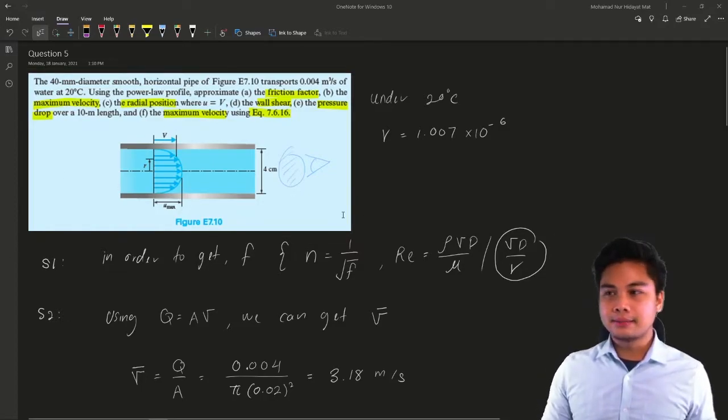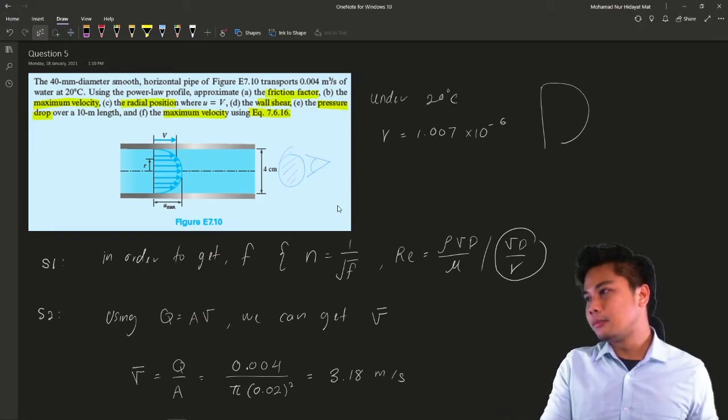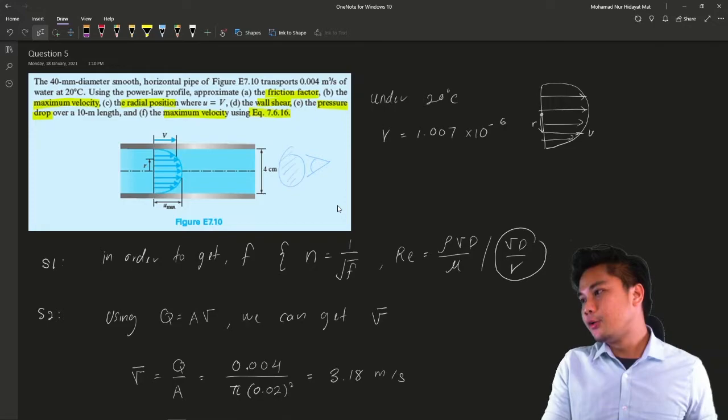From here we know that this is our velocity profile. Different layers will have different velocity. We start at this one. So at which layer, which radial position r, does the velocity u equal the average velocity, in this case 3.18?